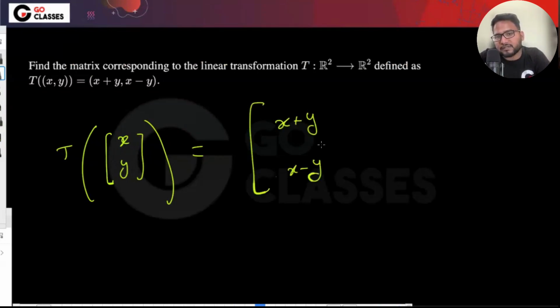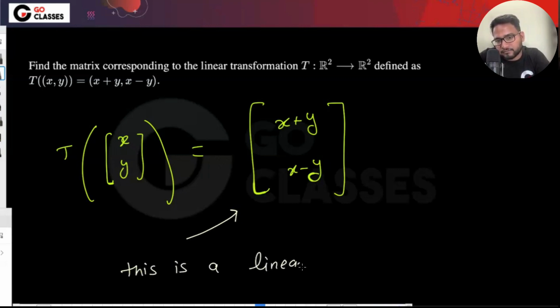Tell me, is this a linear transformation or not? This is a linear transformation, right? I mean, it is obvious. So this is a linear transformation.